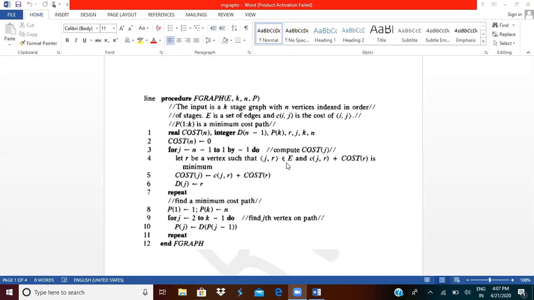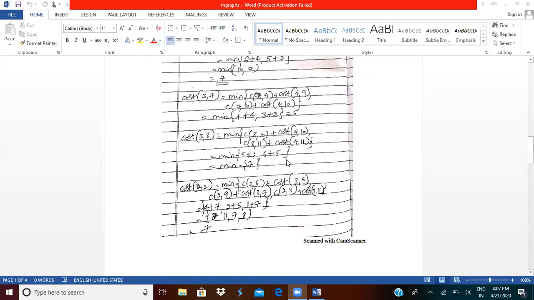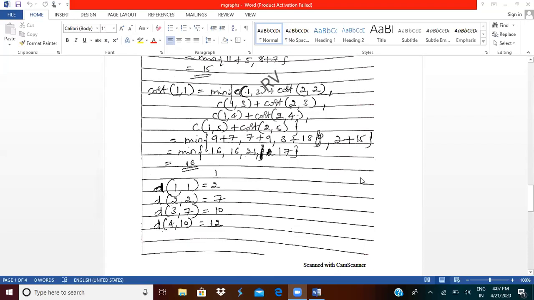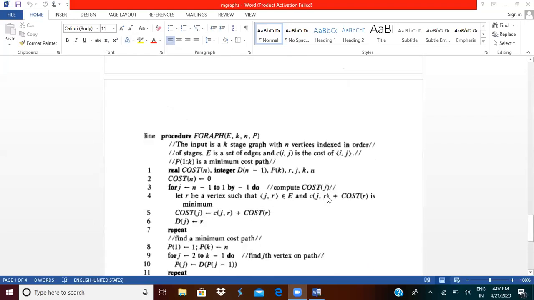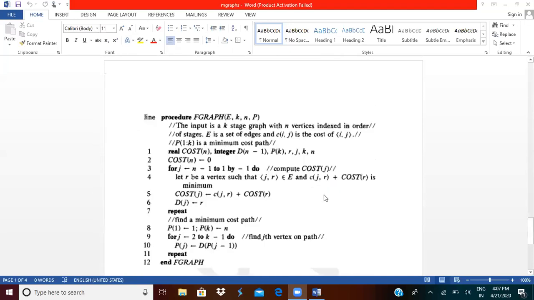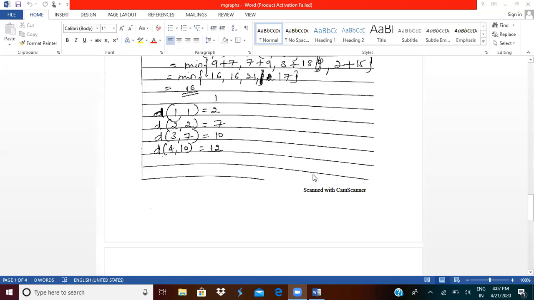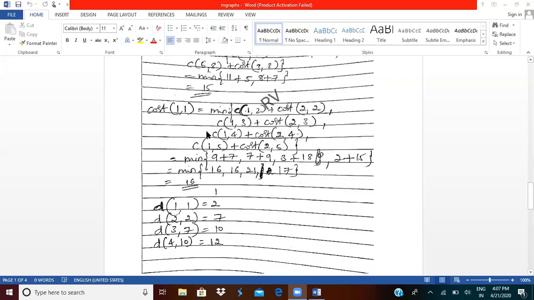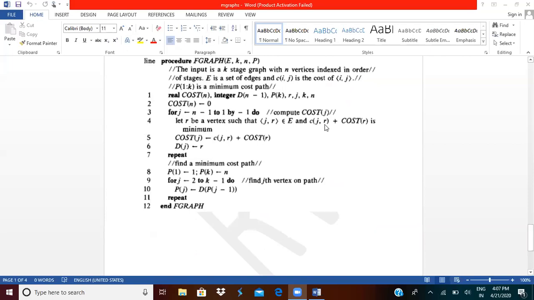Now we shall take this vertex 12. C of j comma r.